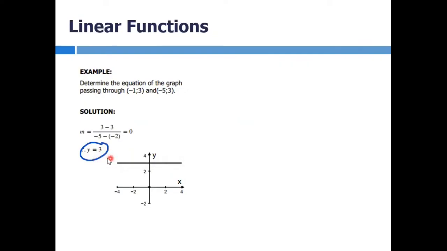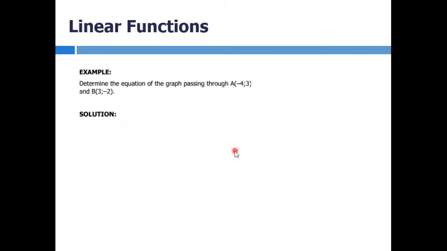So it's just y equals a number. Okay, and the reason is because your gradient there will be 0. Okay, so please, I want you to realize that the vertical line and the horizontal line, they don't look like y equals mx plus c. But they're nice, straightforward marks that you should be getting. So don't let yourself get confused.